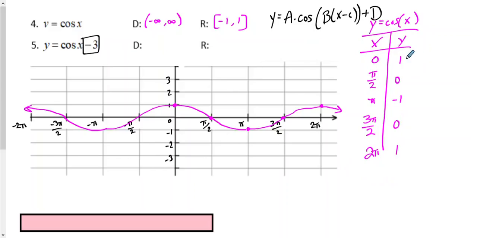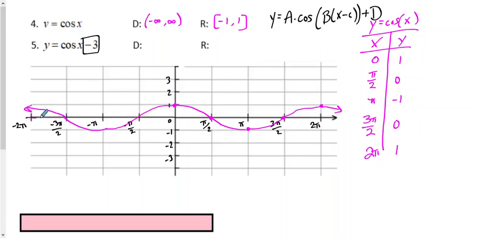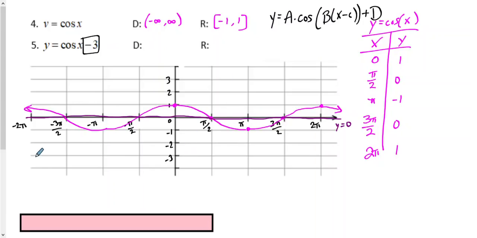Now I could go through and add 3, or subtract 3 here, here, here, here, or I could do what I did before and think about the midline of this function. So at the beginning here we have a midline of y equals 0. And all we're going to do is move that midline down 3 units. So our new midline is 3 below where we began, and it's right here at y equals negative 3.